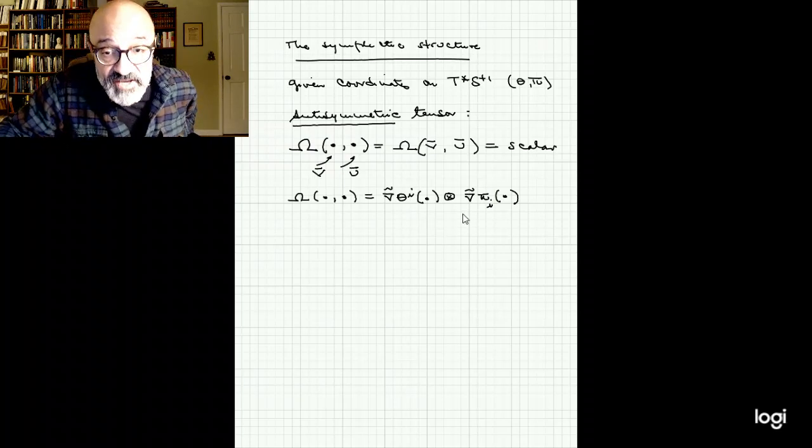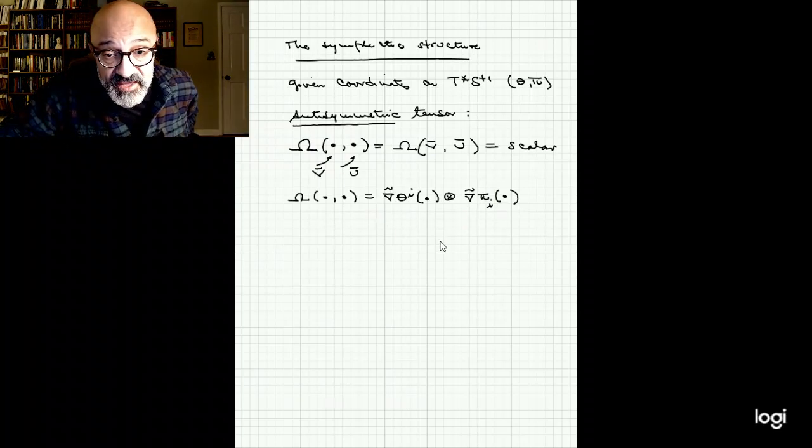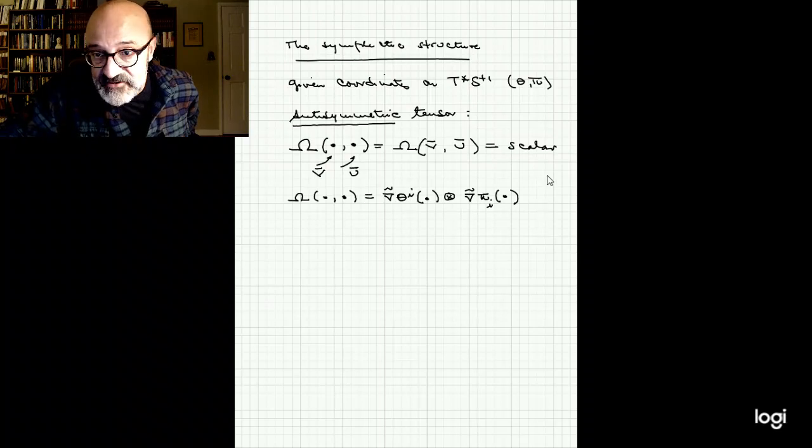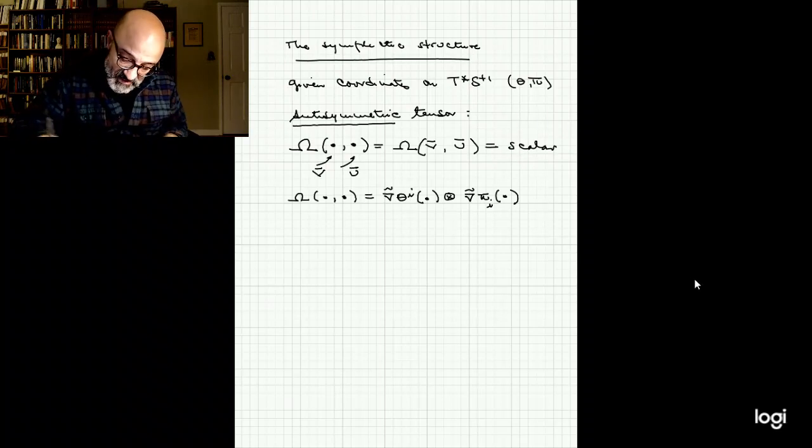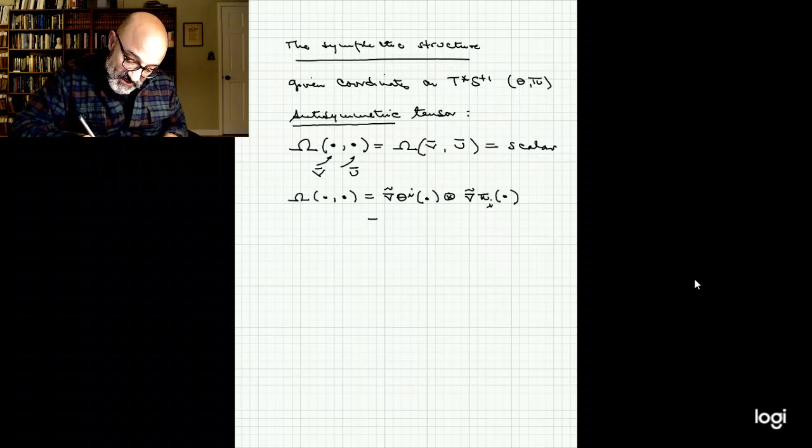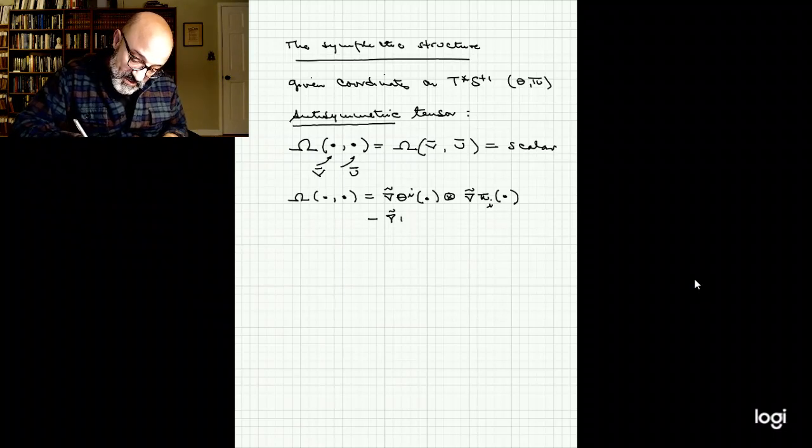So now you see what I have here. What is this? It is an object. If I supply it with two vectors, v and u, putting v here is going to give me a number. Putting u there is going to give me a number. Whatever this is, it's a scalar, so I'm satisfying all of that. But now I'm going to make it anti-symmetric. We're going to have now that in the opposite direction, change the sign and put them in the opposite direction. So this is what the anti-symmetric tensor does.